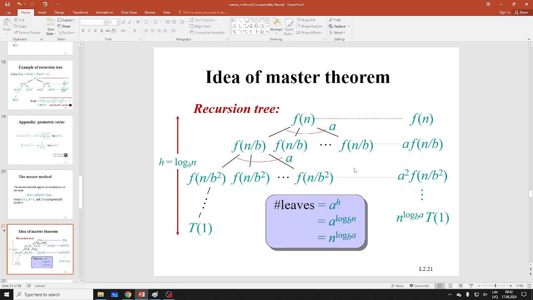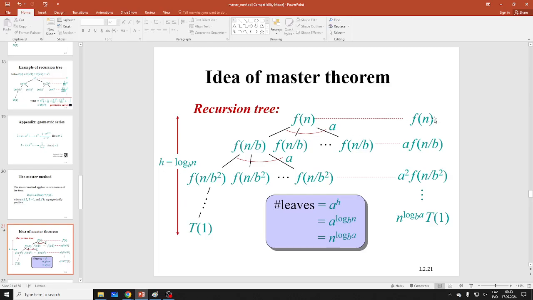Just understand that a and b end up with log base b of n, which is how many leaves you get. Eventually you have n to the log base b of a work. These are the levels, so the height is log base b of n, plus the actual work you do.